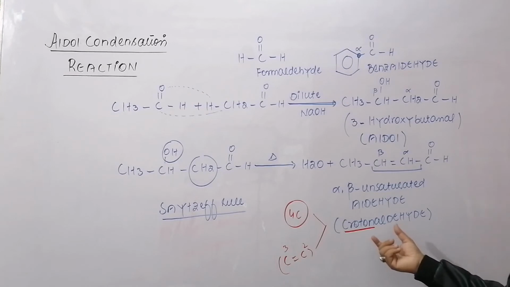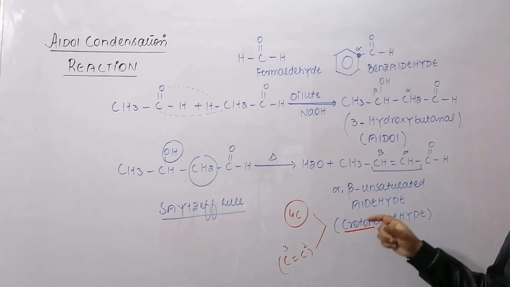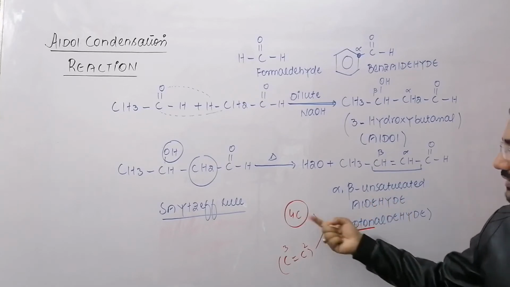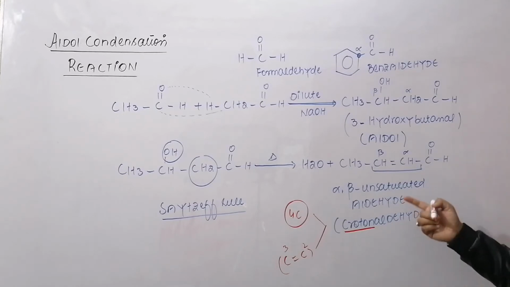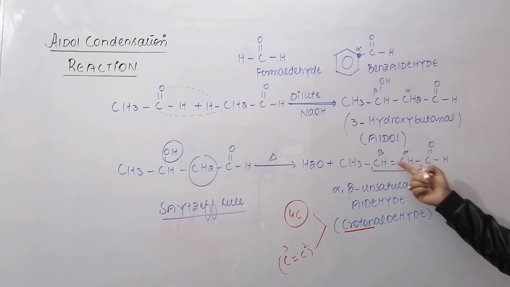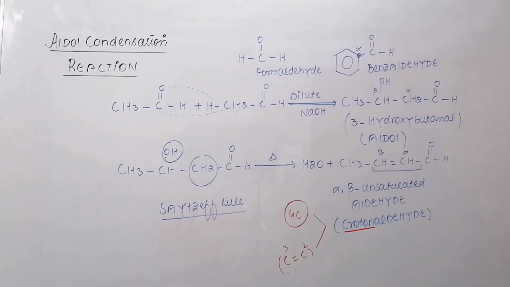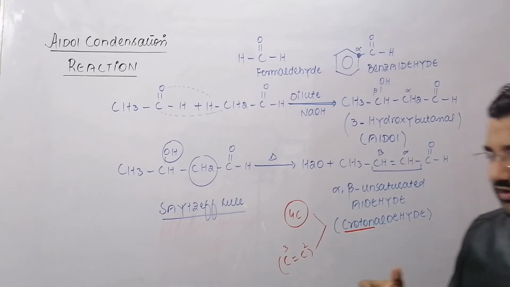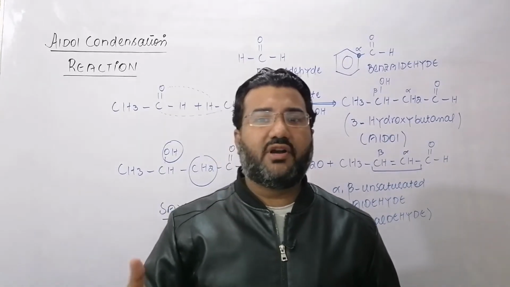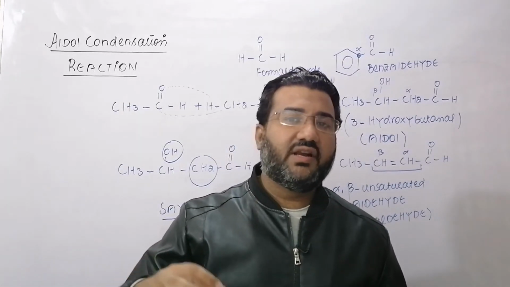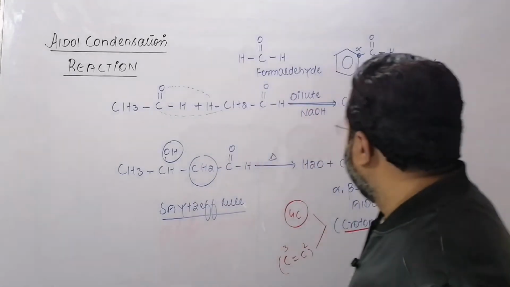So whenever you use this prefix croton with the name of any organic compound, it means that the compound will have a total of 4 carbon atoms and the double bond will be present between the second and third carbon, just like in this case. This compound has a total of 4 carbons and the double bond is present between the second and third carbon atom. So aldols are stable in the basic medium, but when they are heated or provided with dilute acid, after dehydration they are changed to alpha beta unsaturated aldehydes.